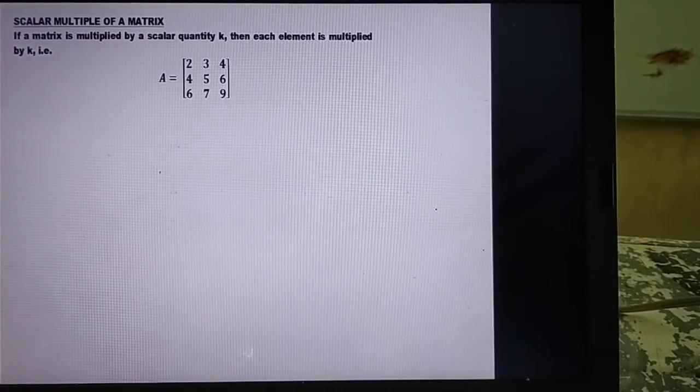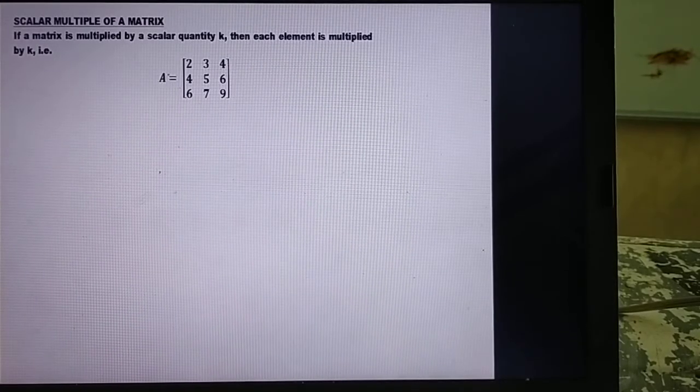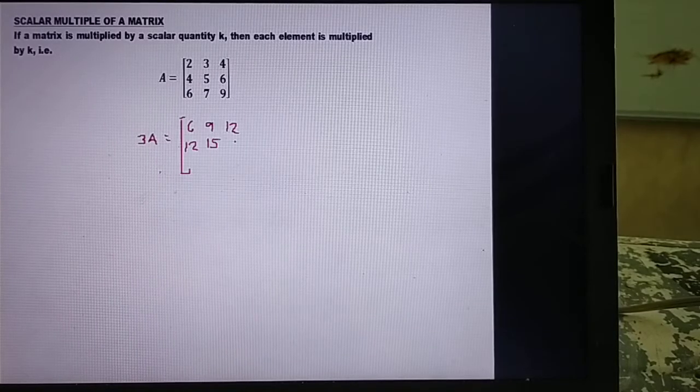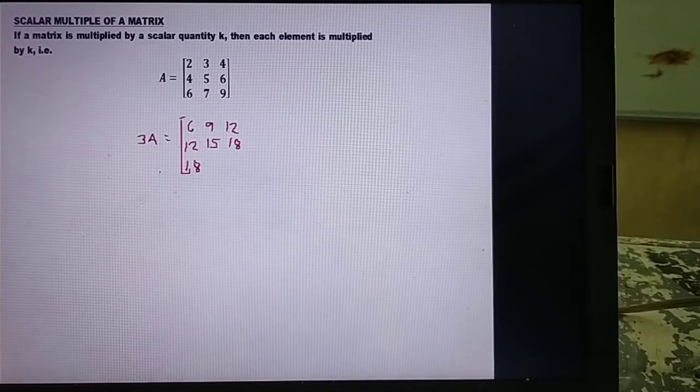So for the scalar quantity, when we have to multiply matrix A by 3, 3A will be 6, this is 9, and this is 12, this is 12, and this is 15, this is 18, this is 18, this is 21, and this is 28.